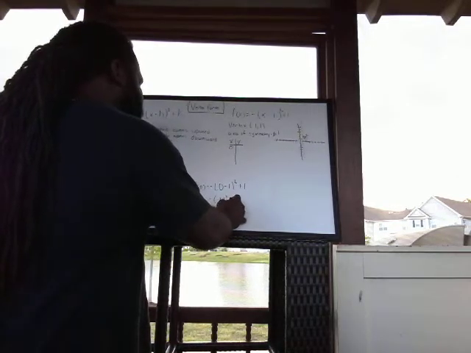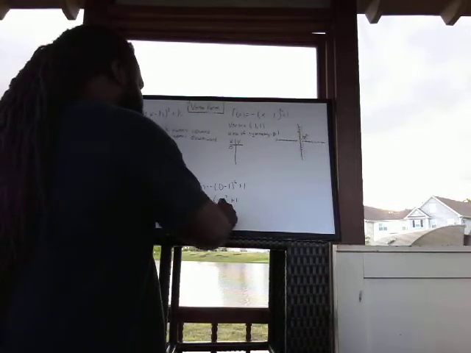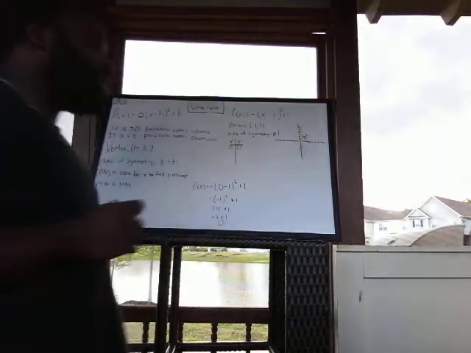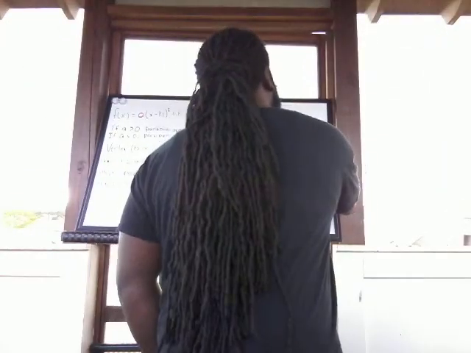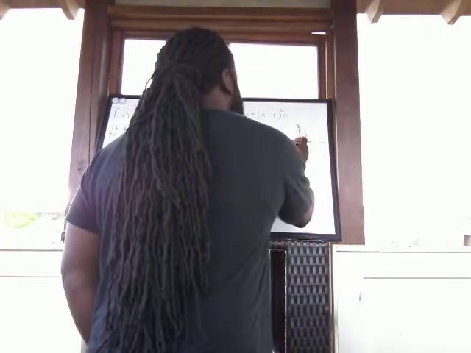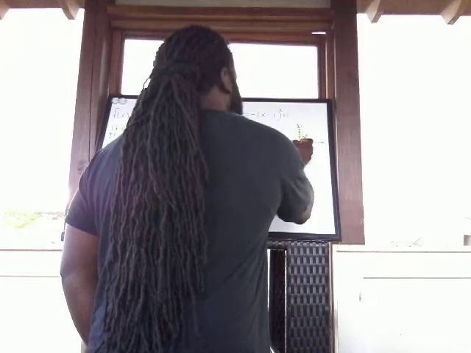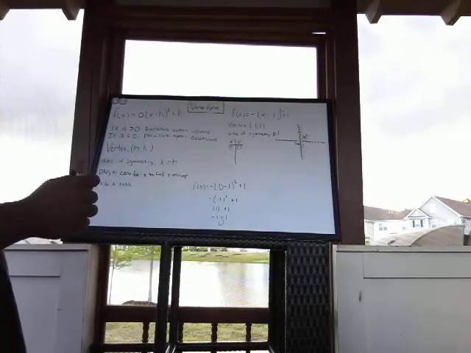But we got a negative on the outside, which turns that into a negative 1, which gives me negative 1 plus 1, which is 0. So when I plug in 0 for x, we get 0 for y again, right? That's not going to always be the case. It just so happens to be the case in these two problems. So again, we have our y-intercept at the origin, which is 0, 0.